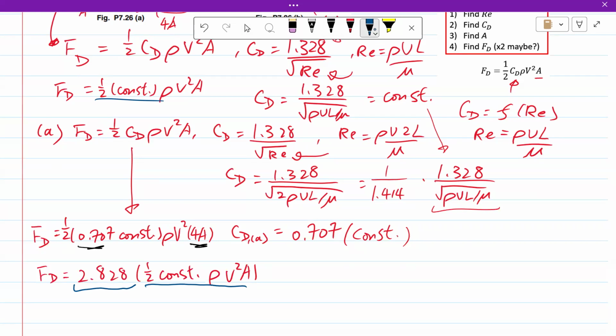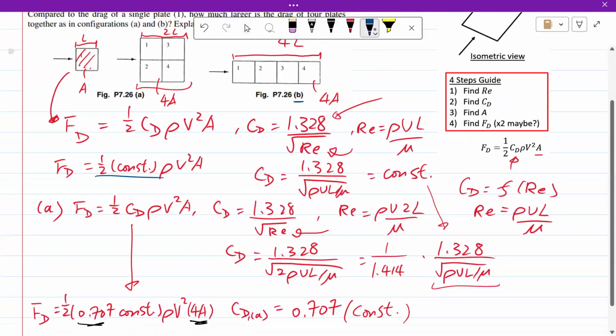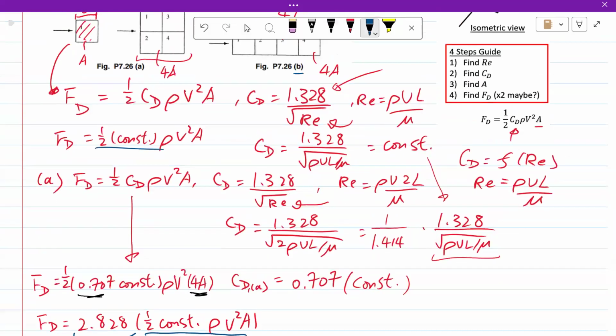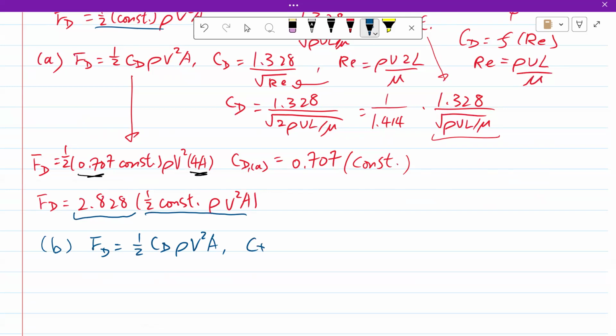Now let's finish with the second configuration, configuration B, with the 4 squares forming into a rectangle. So for configuration B, FD equals half CD rho V squared A. Again, we have to update the drag coefficient.